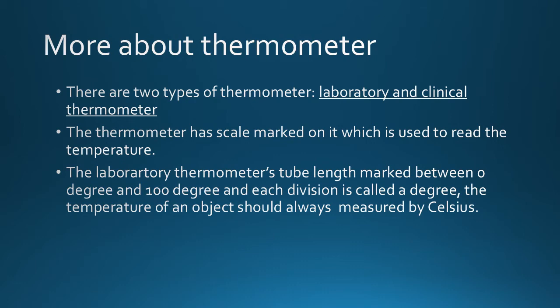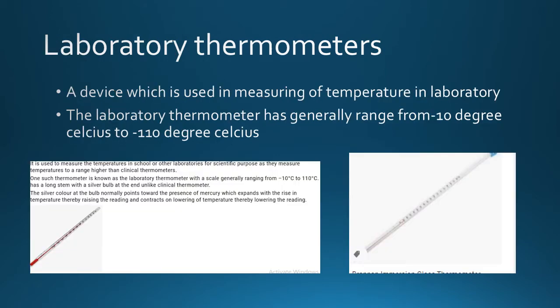The thermometer has a scale marked on it, which is used to read the temperature. The laboratory thermometer tube length is marked between 0 degree and 100 degree, and each division is called a degree. The temperature of an object should always be measured by the Celsius scale.